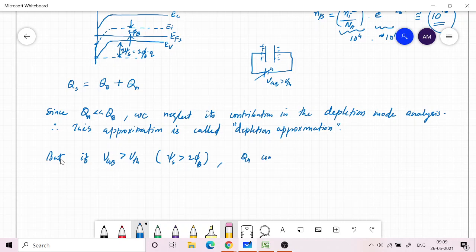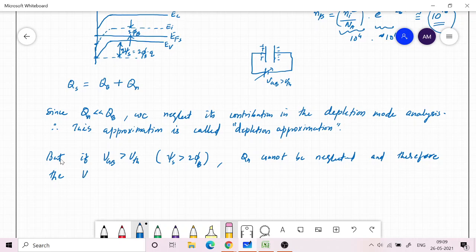Qn cannot be neglected, and therefore the earlier expression for VGB is no longer valid.